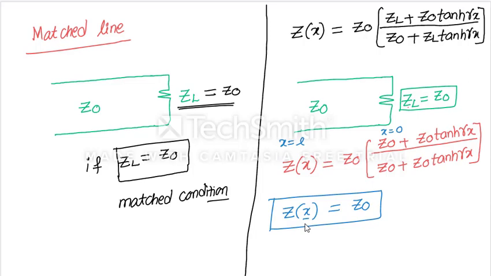Z naught only. That means under this matched condition, the impedance at any point inside the transmission line is the same as its characteristic impedance.